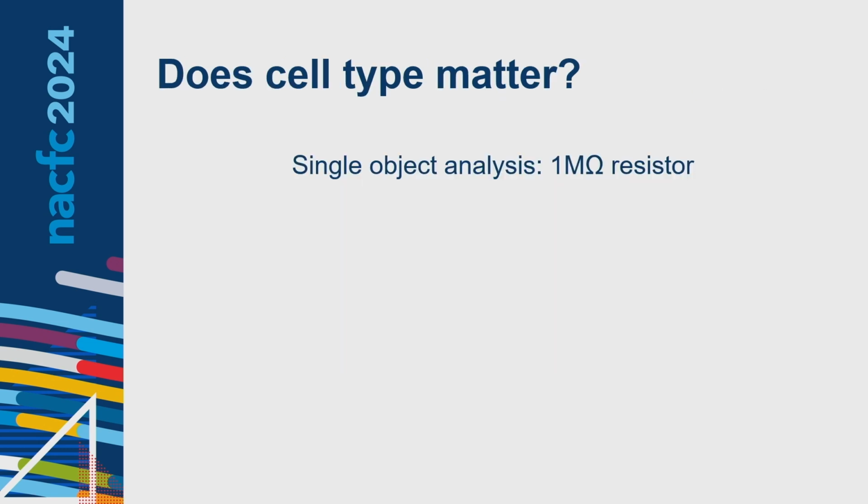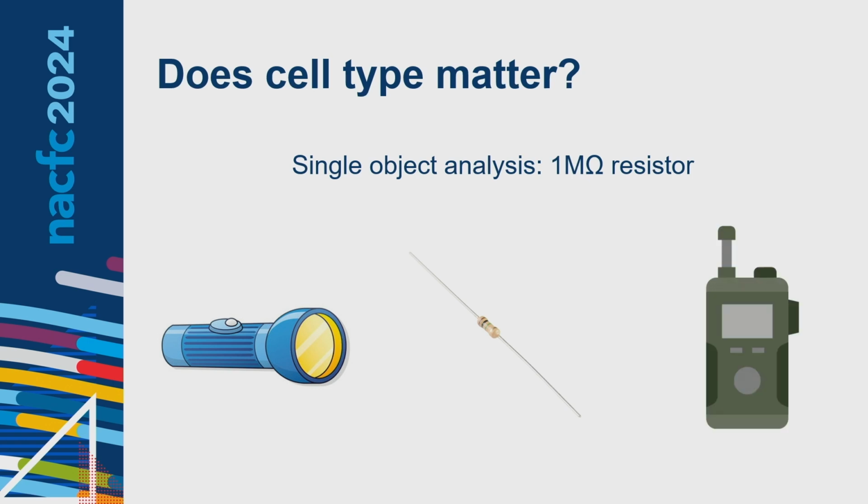So I'm just going to do a quick exercise here. If I have an object on my desk and I take it apart and I do analysis of all of its parts and I find that it has a 1 megaohm resistor in it, I can figure out that it's probably an electronic. And I know a 1 megaohm resistor is in a flashlight, so I'm going to say it's a flashlight. But this 1 megaohm resistor could also be in a walkie-talkie.